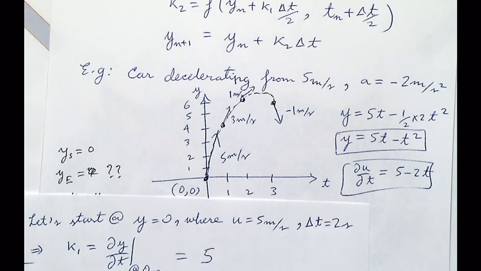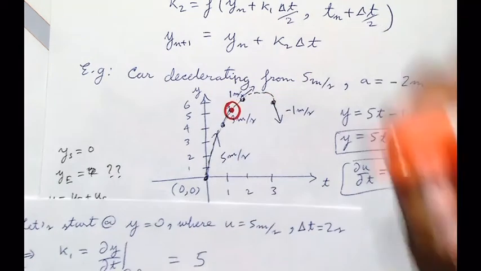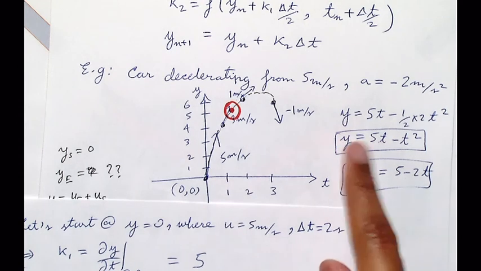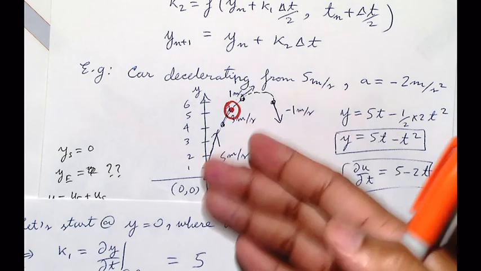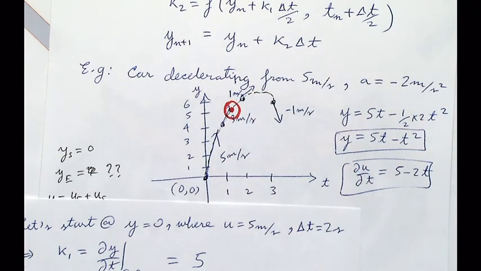So the question is basically asking us, what is the velocity at this point? And that we can figure out because we have the analytical expression. But again, in numerics, you never have these analytical expressions. So you do some sort of interpolation to find out what u is at that point. And then you take a full step.